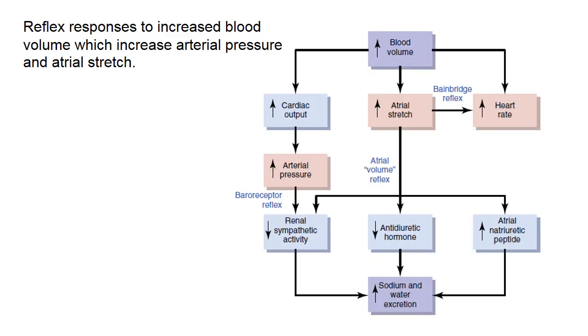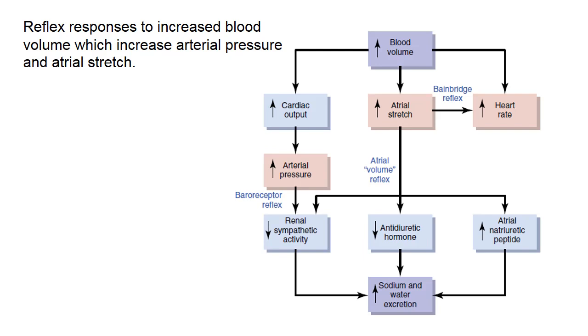Some reflexes respond to increased atrial pressure and stretch of the atrial walls. Let's see what happens in this situation. Let's start from increased atrial stretch. When atrial stretch receptors are stimulated, it means that atrial volume is increased. We can see the atrial volume reflex, which can do three actions.